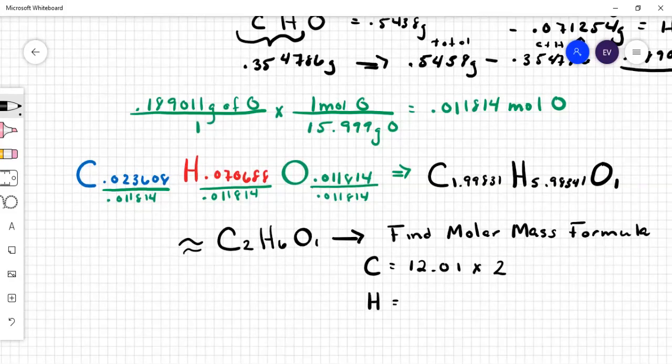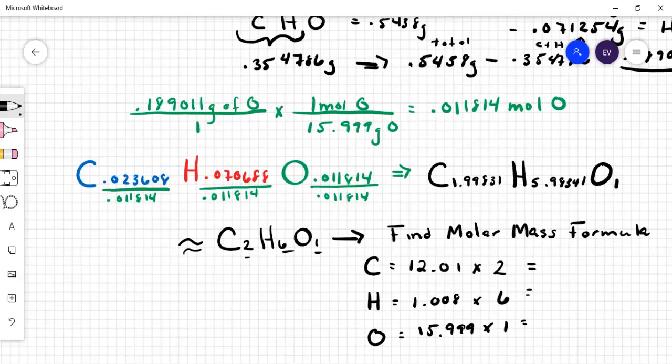Hydrogen is equal to 1.008 times 6. And oxygen is equal to 15.999 times 1. So we're multiplying by 2 because there's 2, by 6 because there's 6, and by 1 because there's 1. So let's get that going.